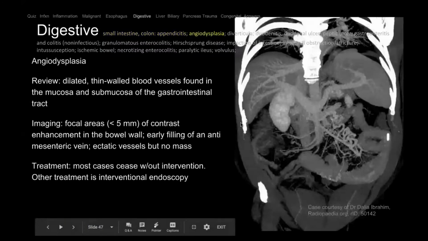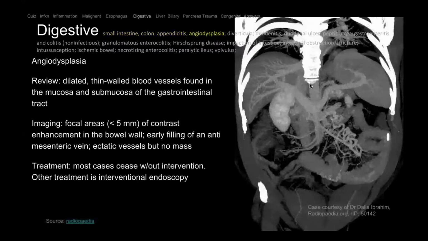Here is a MIP image, and what we see here, this is abdomen pelvis. Here's a kidney, the liver, spleen. Here's the portal vein, splenic vein, and SMV. And there's abnormal tortuous little vessels here. This is called angiodysplasia, where you just have this abnormal malformation, like an AV malformation.